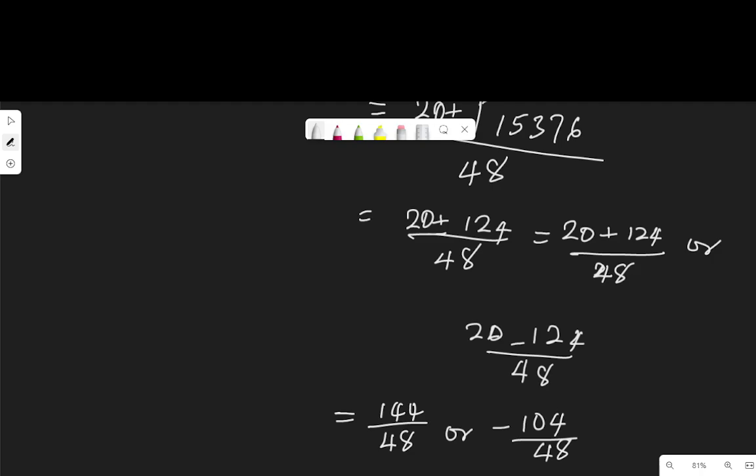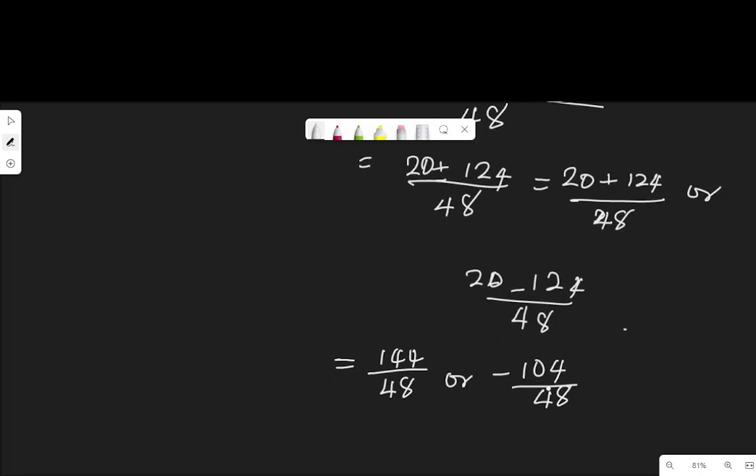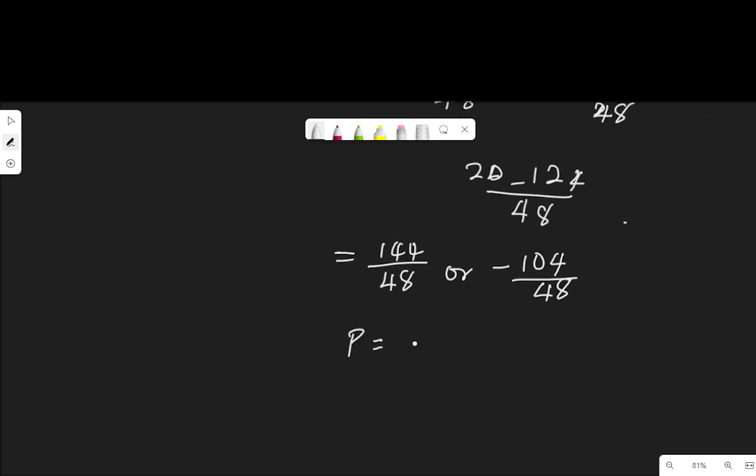Let me use a calculator to divide that. 144 divided by 48 is 3. So p is equal to 3, or p is equal to negative 104 divided by 48, which is negative 2.166.